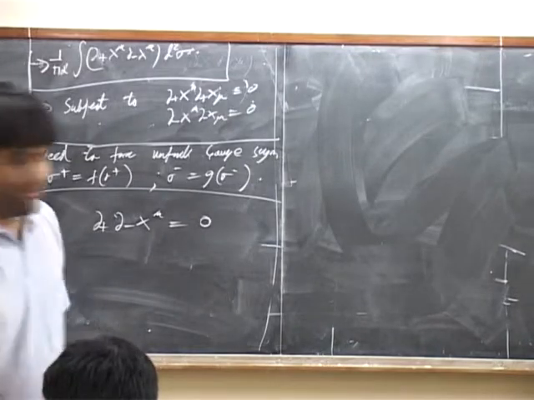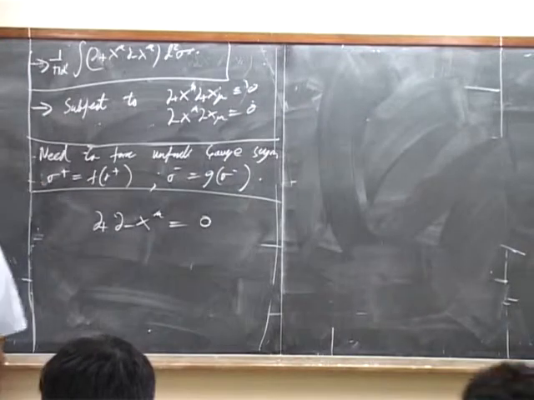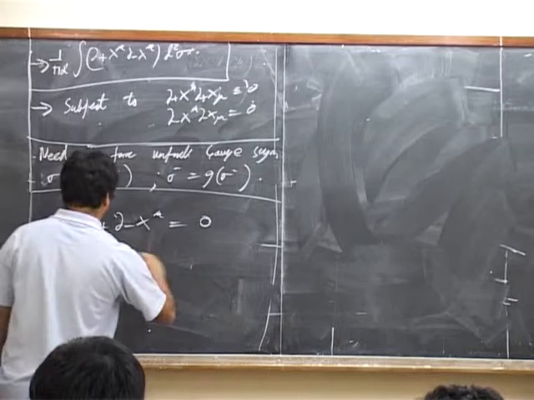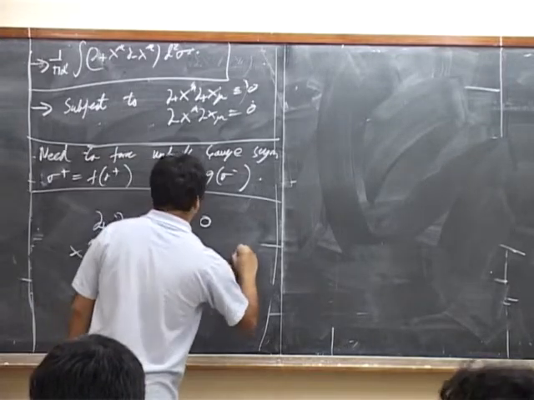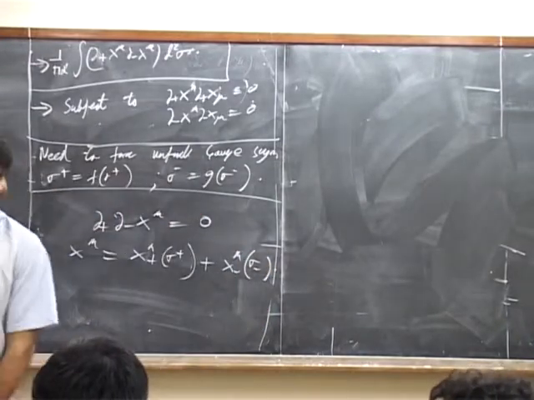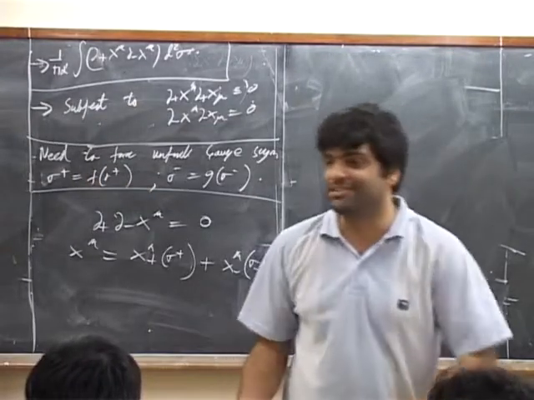It's a very familiar equation of motion, the traveling wave solution in 1 dimension. All solutions to this equation are x mu equal to x mu plus of sigma plus, plus x mu minus of sigma minus, as you can easily prove.